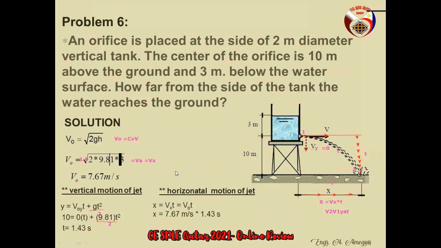You have X equals 7.67 times 1.43, right? So you have X in meters, 10.95 meters. So that is the horizontal.